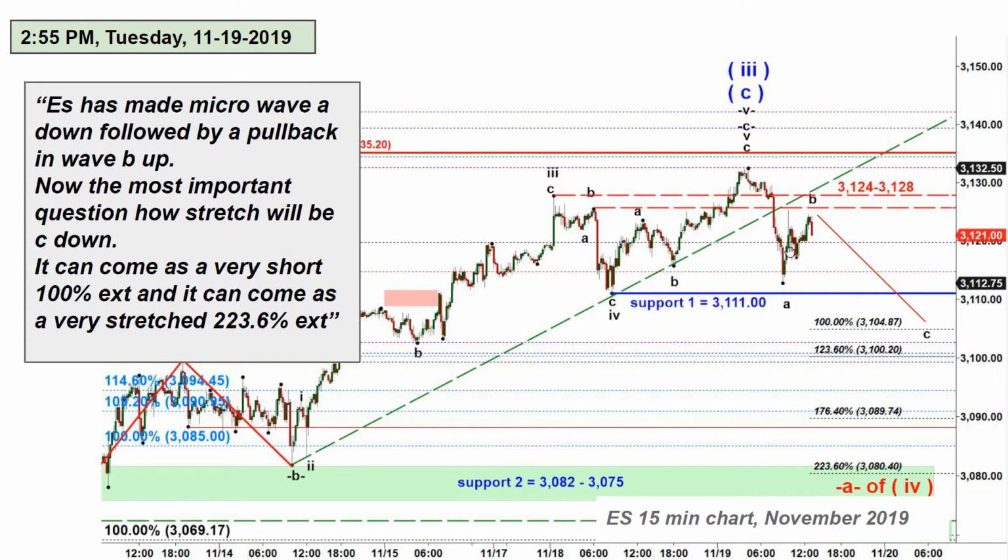We measure A down, we project it from the top of wave B up, and we focus on 3 important levels: 100% extension, 123.6% extension, and 176.4% extension. Sometimes subwave C gets really wild, really strong, and it can stretch down to the 223.6% extension. In this case, it was 3080.